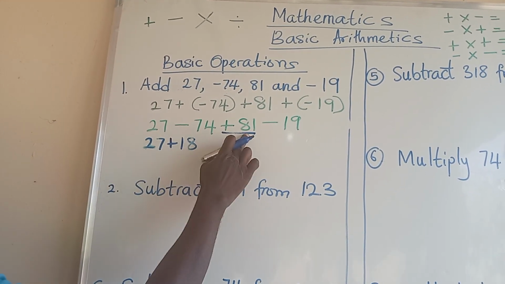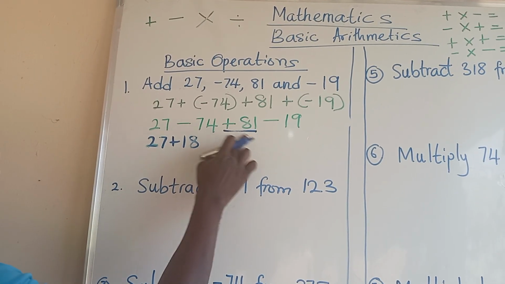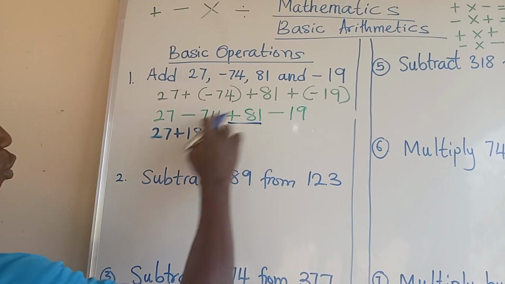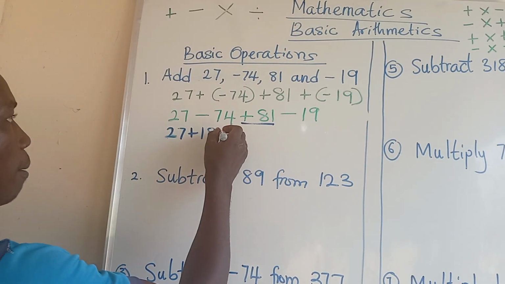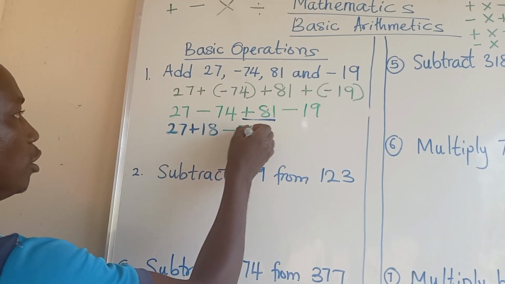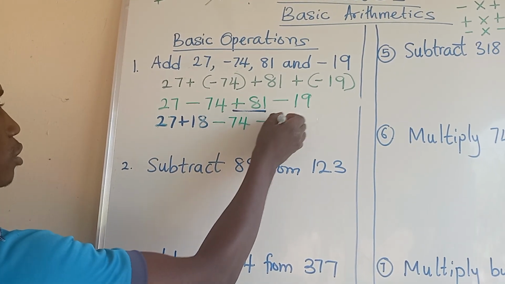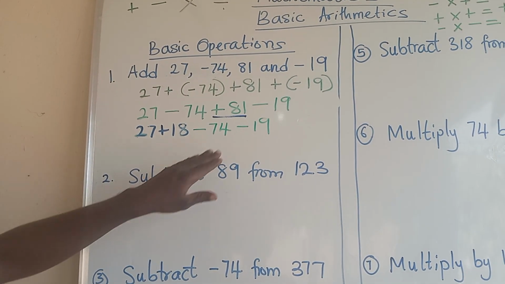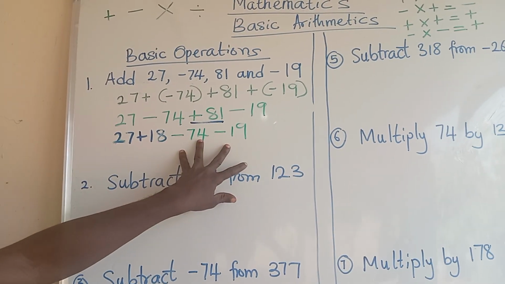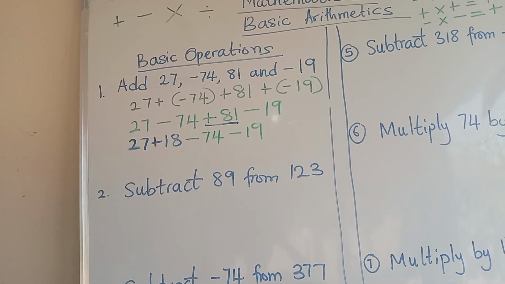Those are the two positive signs we have in this question. Then the two negative signs, we'll collect them at one side, which is going to give us minus 74 minus 19.